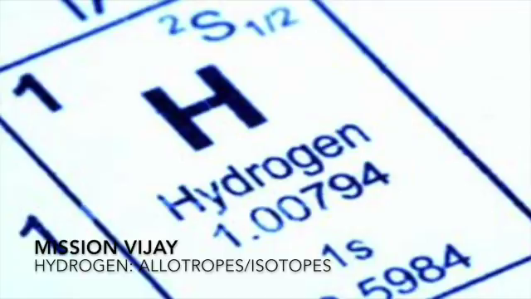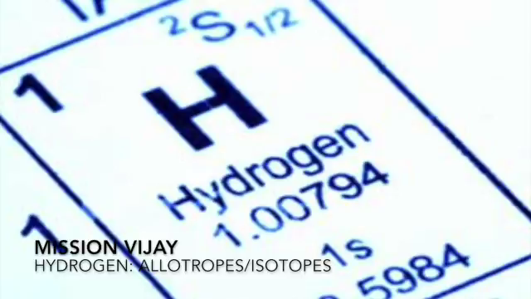Then we come to various types of hydrogen, popular among chemists. Let's go one by one. One is atomic hydrogen. Atomic hydrogen is produced when a hydrogen molecule, under the influence of an electric arc, breaks up into two H, or two hydrogen atoms.